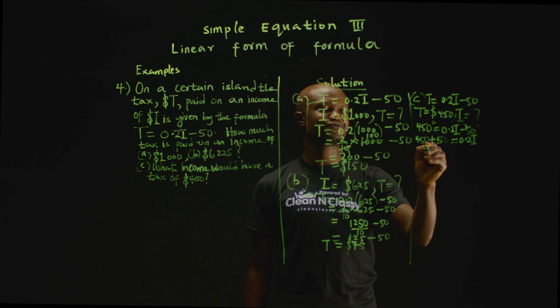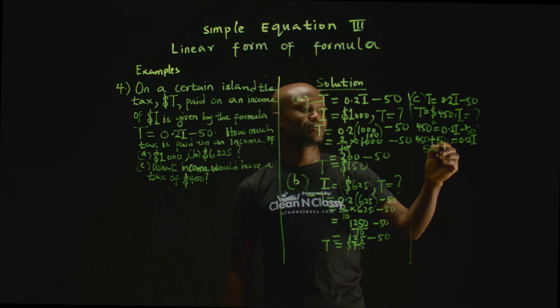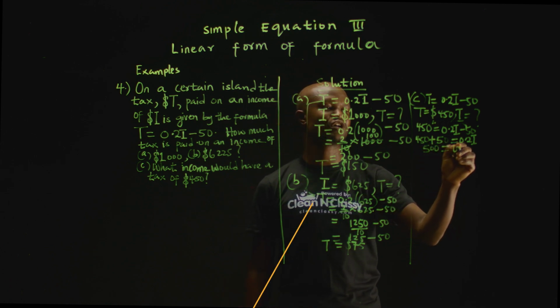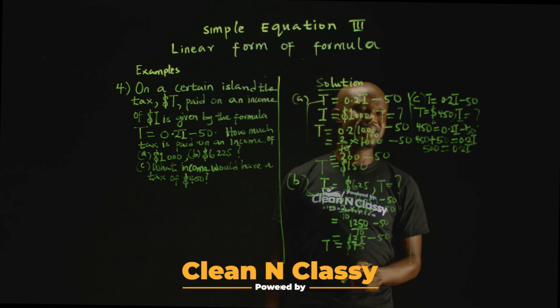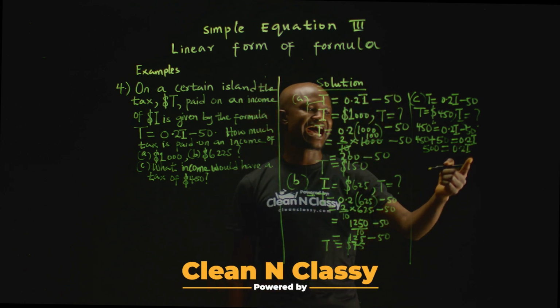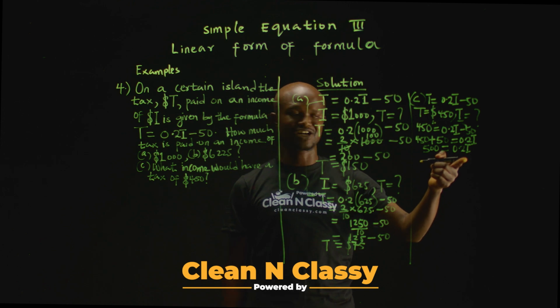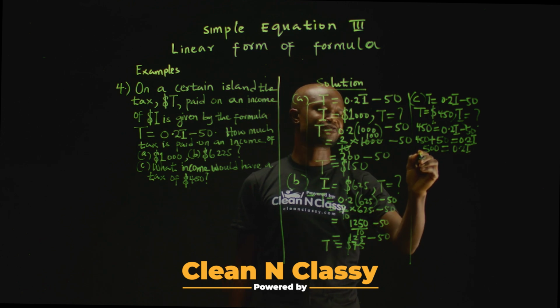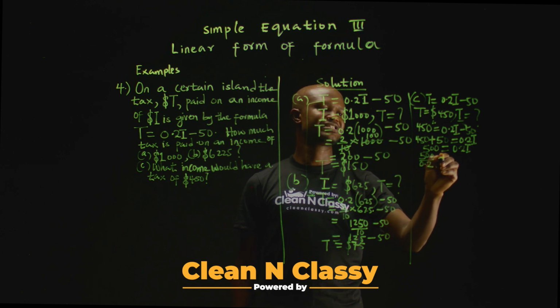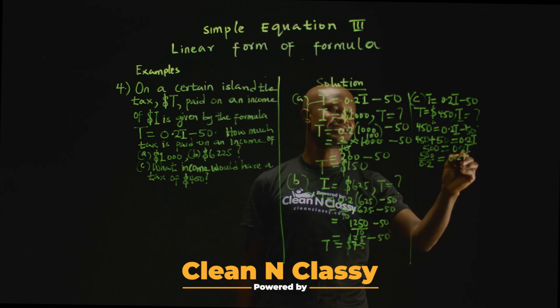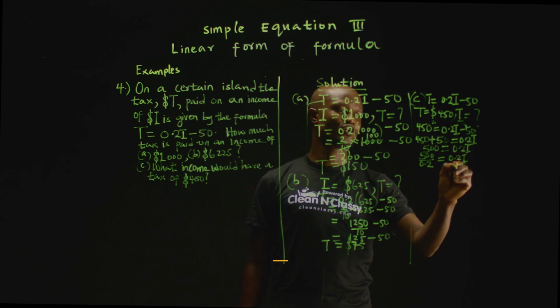That is 500. So 500 equals 0.2I. Now, for us to find I, we are going to divide both sides by 0.2. So we have 500 divided by 0.2 equals 0.2I divided by 0.2.